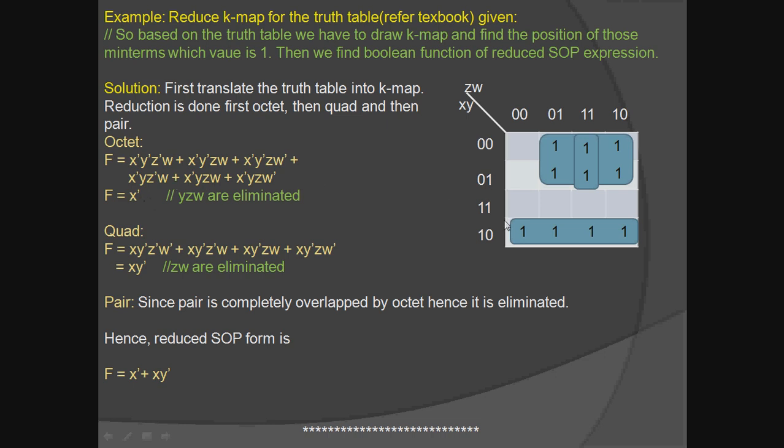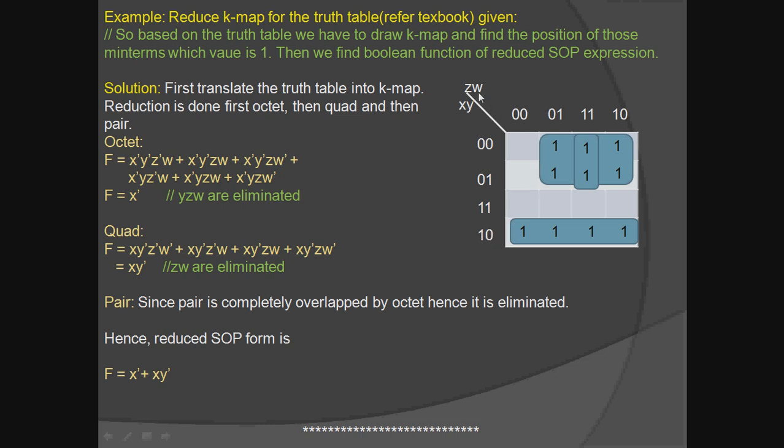Next, in the quad format, starting from here, this and this, we get these minterm values which are odd. Here also x and y remain the same because you can see that it's horizontal, right? So x and y remain 1 and 0 throughout, that is x y complement.